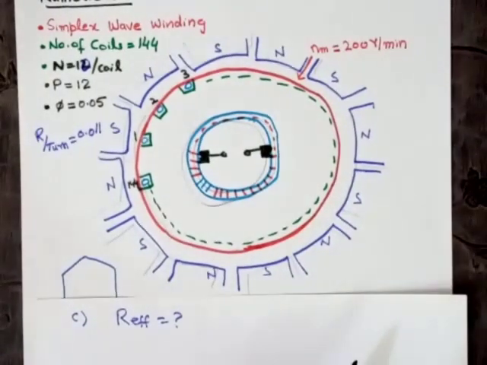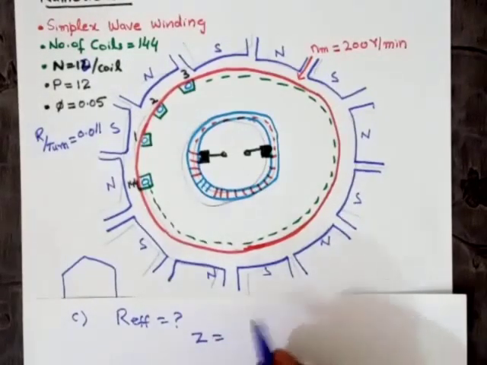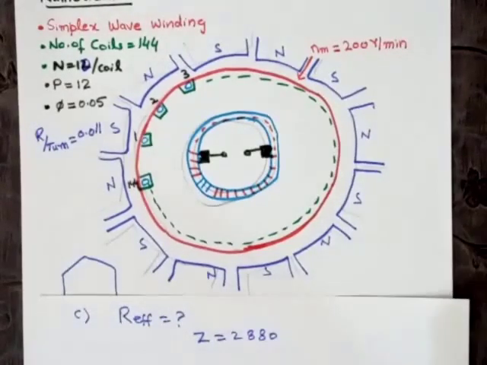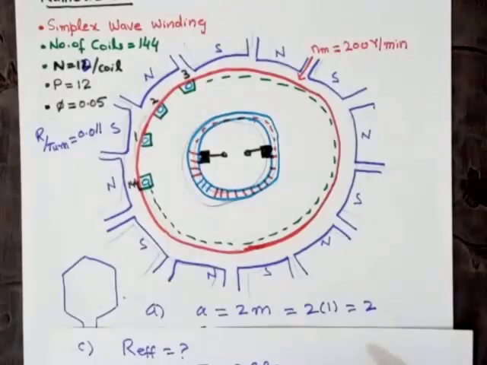As we know, the total number of conductors here is Z equal to 2880. There are two parallel paths, as we have already found.